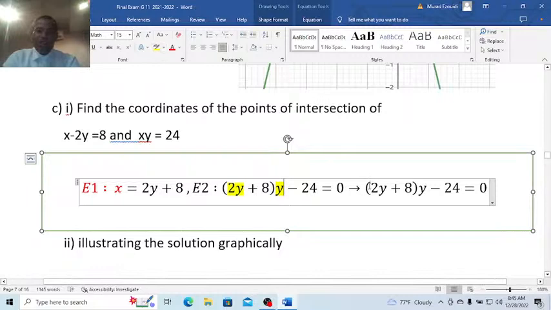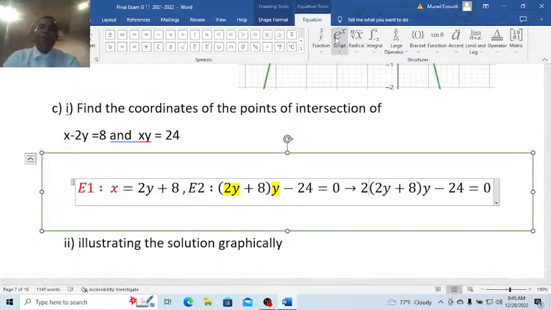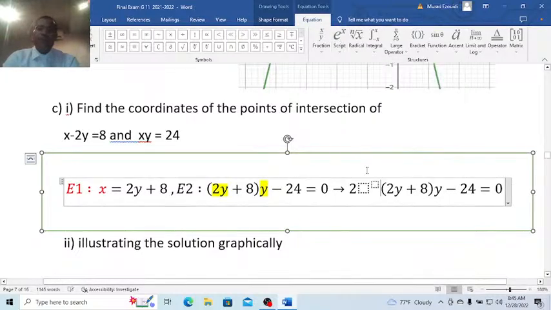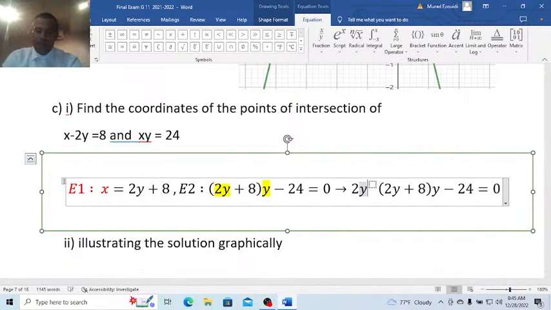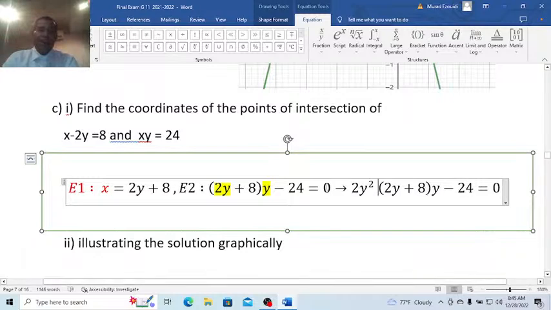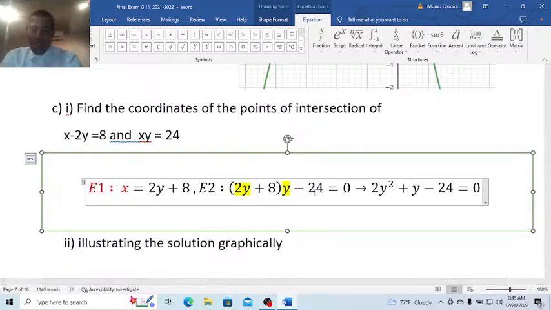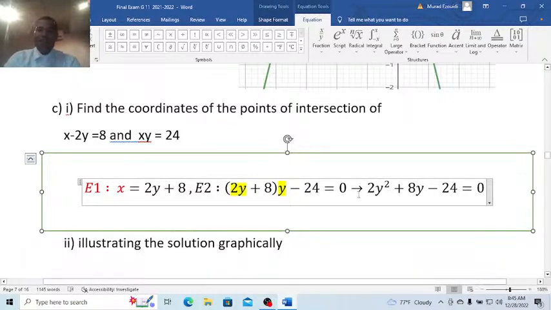Then, learners, you can see that 8 multiplied by y is plus 8y, then negative 24.